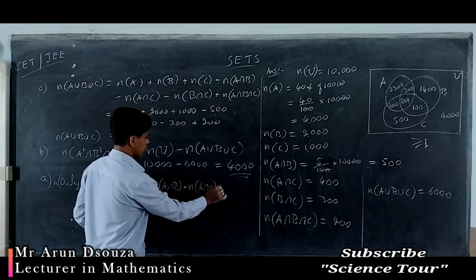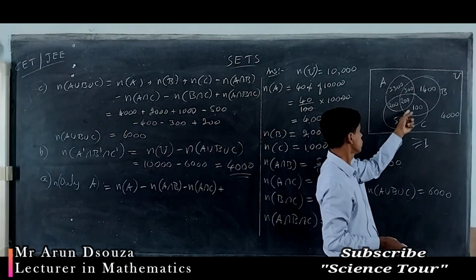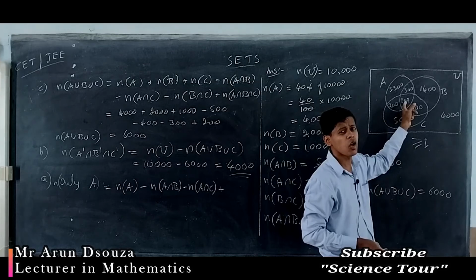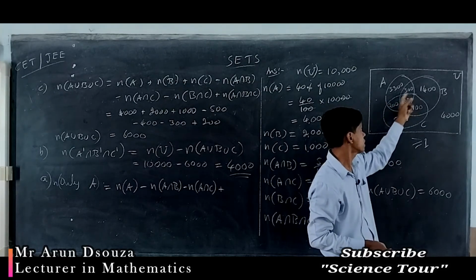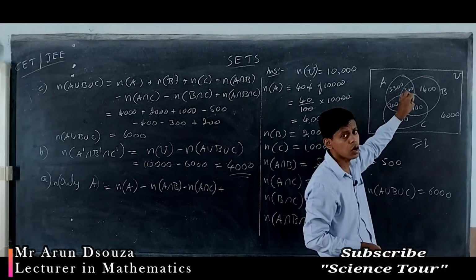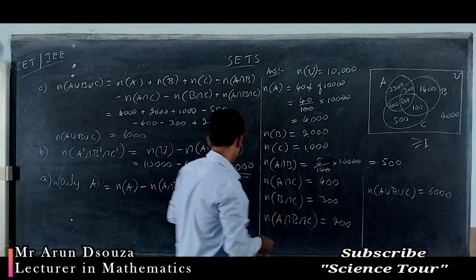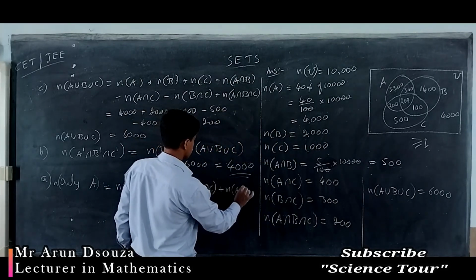Now see, when you subtracted A intersection B, you have subtracted the intersection of all the three once, and when you subtracted A intersection C, you have subtracted this twice, but in reality you have to subtract it only once. So you have subtracted twice, so add once.